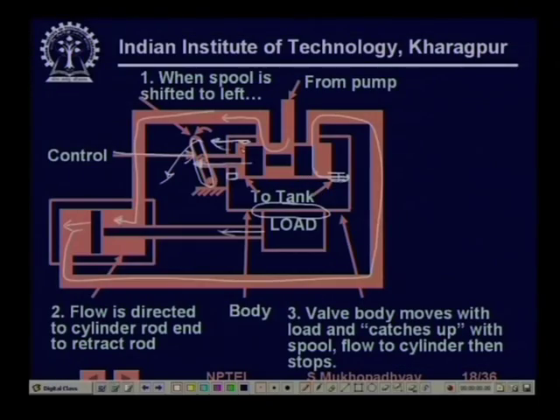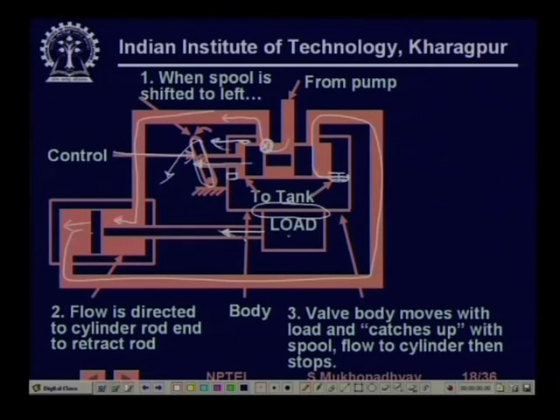So, the movement of the body is actually like a movement of the spool in the other direction, because the opening is actually by relative motion. So, if the body also moves in this direction, again this valve will close. So, you see that at a particular position of the piston or a position of the load, this flow will again close. Till it closes, there is going to be flow and there is going to be velocity, and this load will keep moving this way.